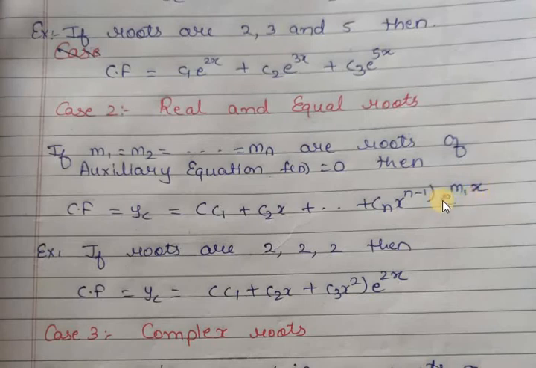Here we will write minus 2 because the root obtained is minus 2, and here we will write down till C2x because minus 2 is repeated twice. Therefore yc is equal to (c1 plus c2x) into e raised to minus 2x.